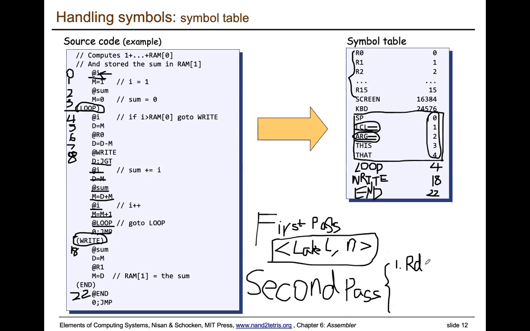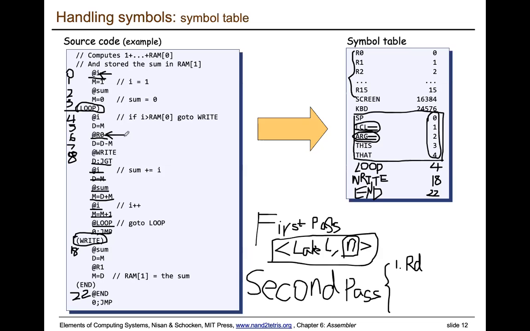If it's already recorded, then it's quite easy for me to just use the recorded value. For example, at R0, I have already put it in my symbol table.